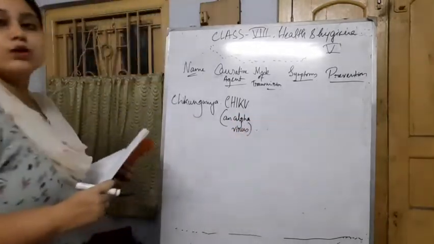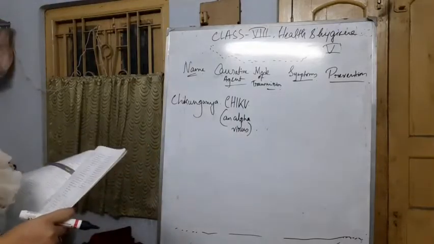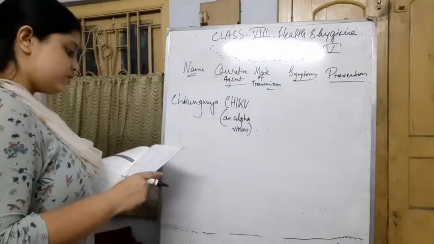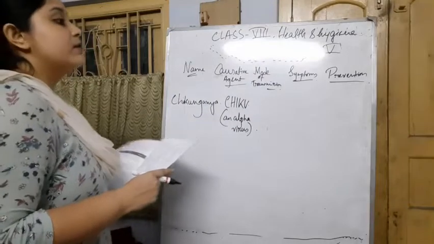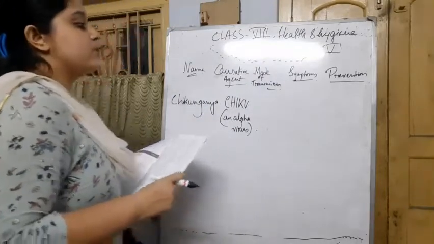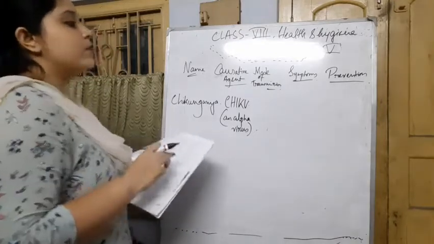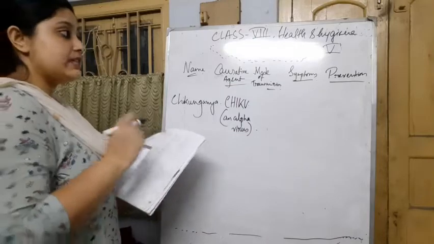Next, the mode of transmission. As I already told you, the mode of transmission is the same: through the bite of a mosquito, the disease is transmitted. So here also the mode of transmission is the Aedes mosquito.